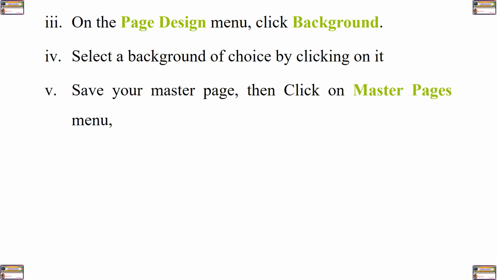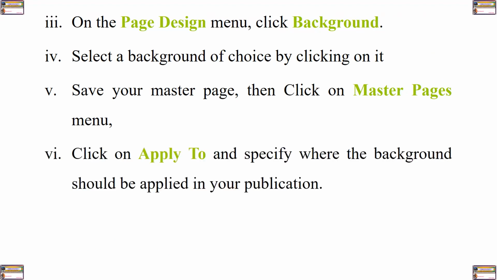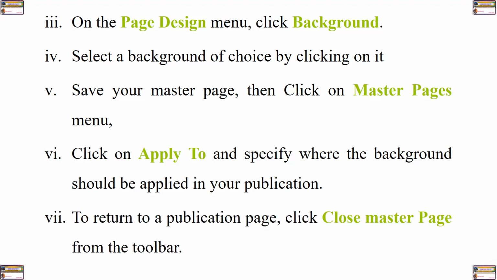Then you save your master page and you close the master page menu. And then you click on Apply To and specify where the background should be applied in your publication. To return to a publication page, you click on Close Master Page from the toolbar.